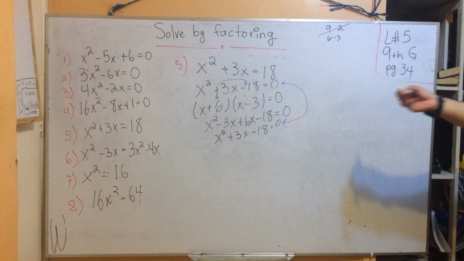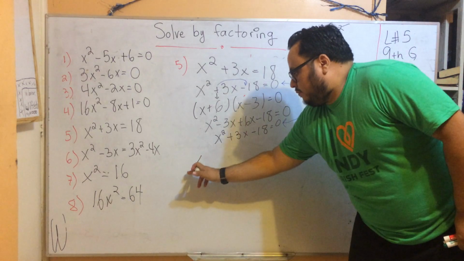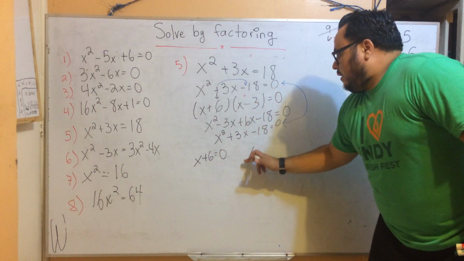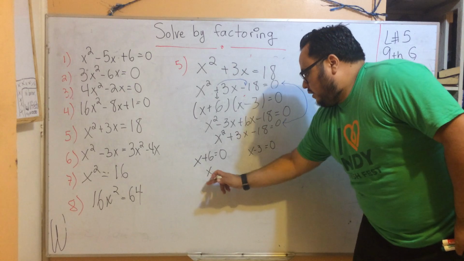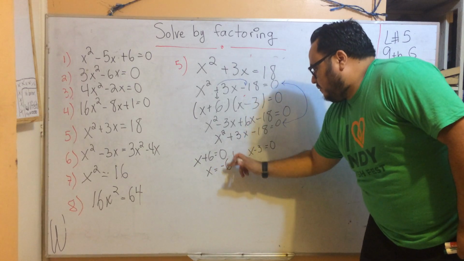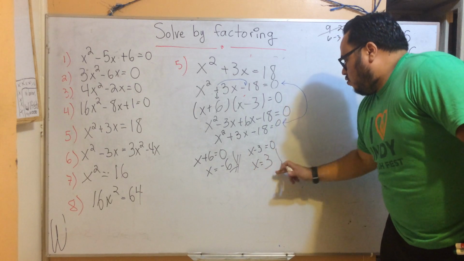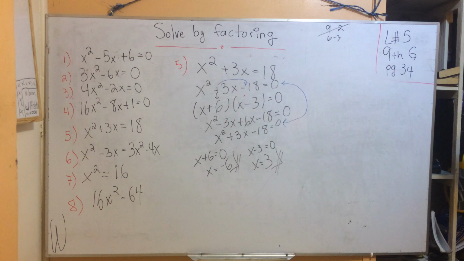What do we do now? We solve for each one. X plus 6 equal to 0, and x minus 3 equal to 0. So x is equal to minus 6, and x is equal to 3. Let's check if these answers are correct.